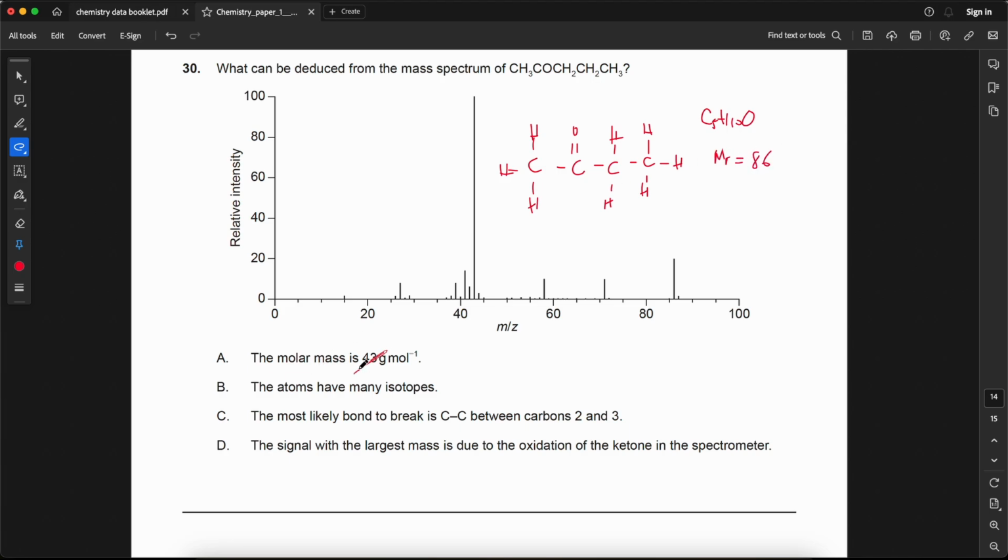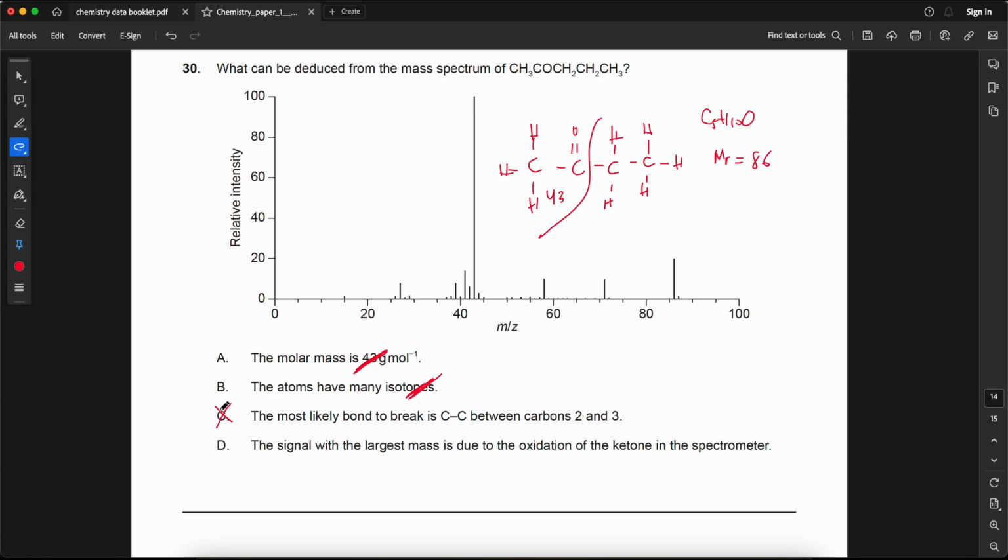Therefore, 43 is not the answer. And it is a molecule, not isotopes. And for the third one, it's actually correct because this will be 43 if you break the bond between carbon number 2 and 3. And 43 has a peak right here. So the answer is C.